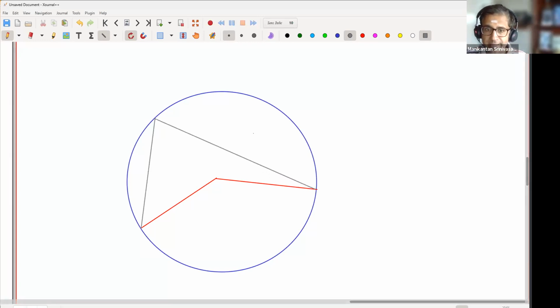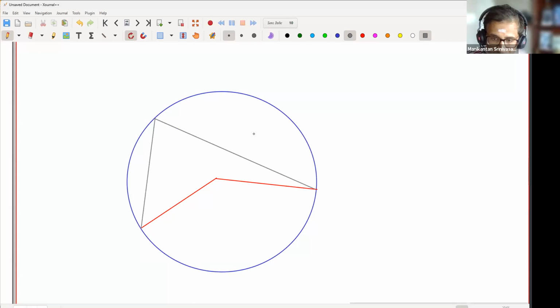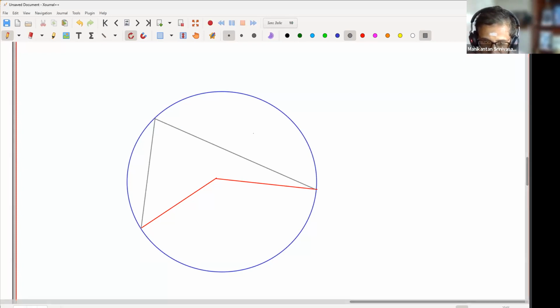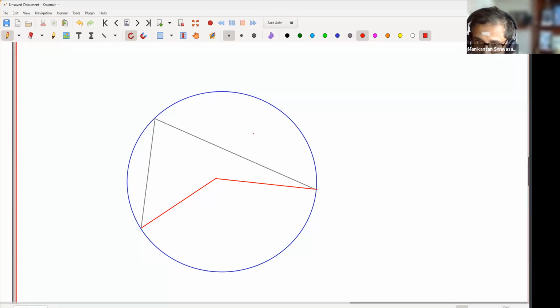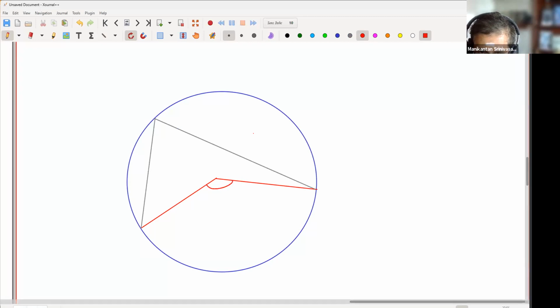Now, what am I saying? I'm saying if this angle here is theta, then this angle is theta by 2. But I'm just indicating, I'm not marking it so. We'll derive it. So the gray angle will be half of the angle theta at the center.